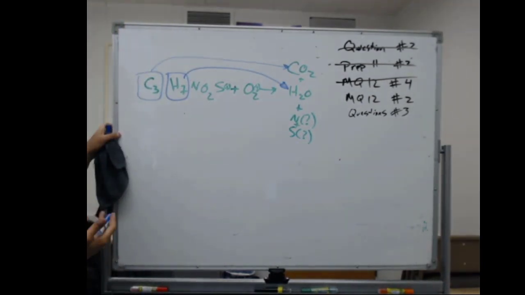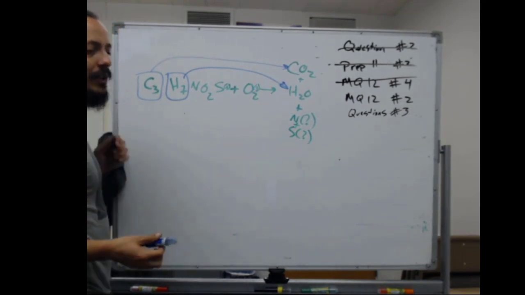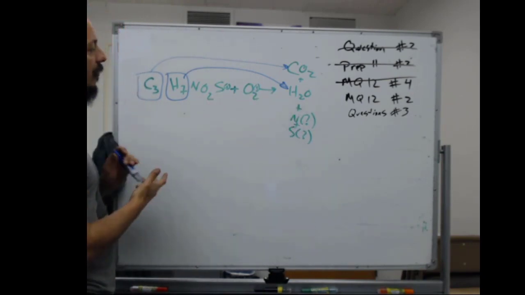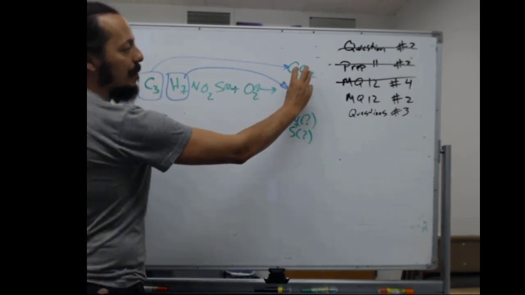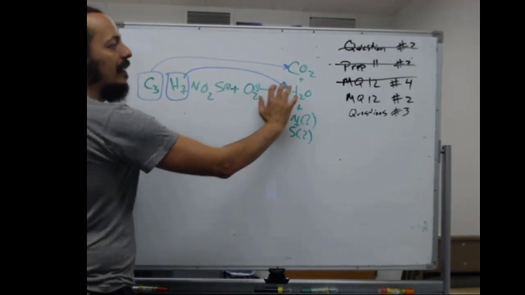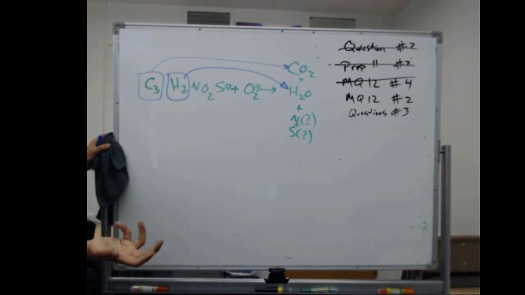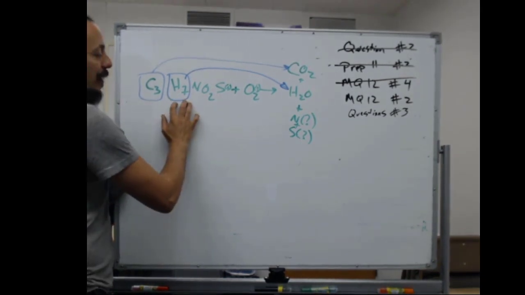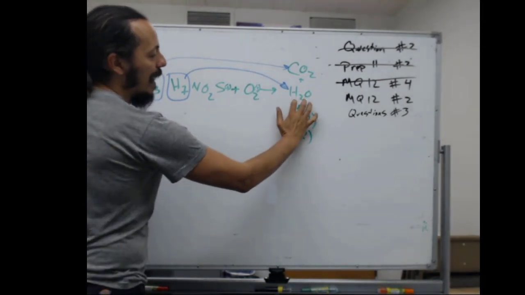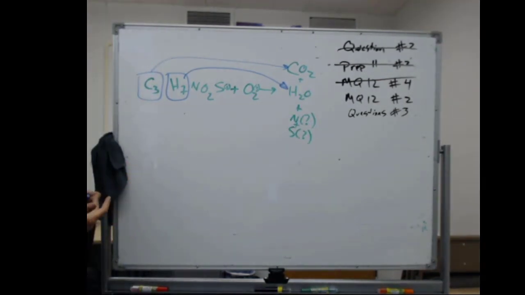So I don't actually need to use the balanced chemical equation, the mole ratios. I can use this idea of conservation of mass and realize that if I can get the amount of carbon in this compound, that will give me the mass of carbon in carbon dioxide. If I can get the mass of hydrogen in this compound, that will give me the mass of hydrogen in H2O.